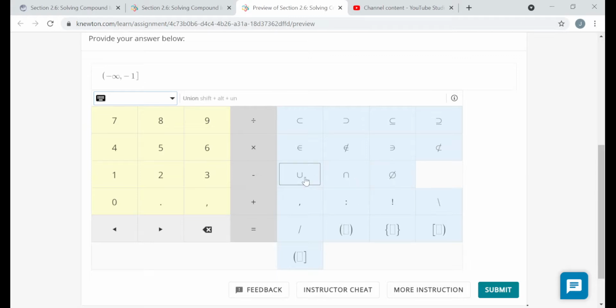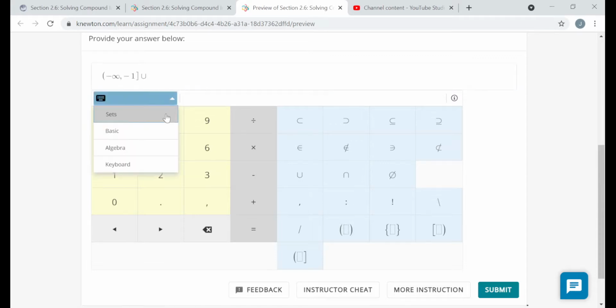But I'm entering the union symbol, which apparently we can do with Shift, Alt, and then UN. So let me test that out. Shift, Alt, UN. Yeah, whatever, just go here. It looks like the typing's not working.